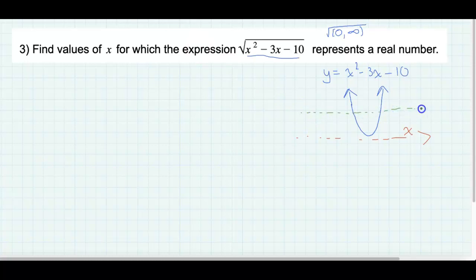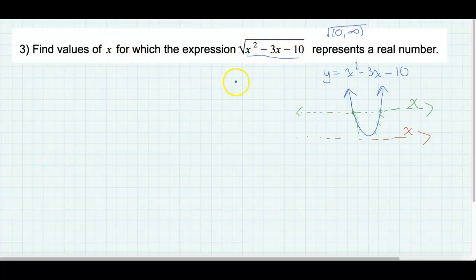Let's say this is our x axis. If the graph was to look like that, and we haven't even looked at it yet, then we would say, these values down here are less than 0, so we can't include those. We could include the intercepts. So when do we get values that are positive inside the square root?